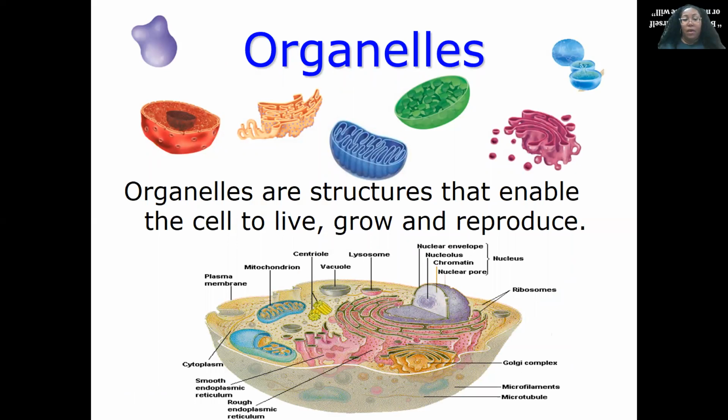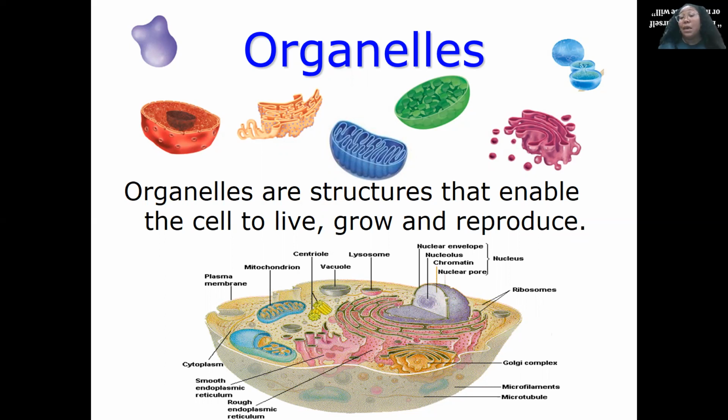So now let's look at organelles. It says that organelles are structures that enable the cell to live, grow, and reproduce. I want you to think about the human body. You are made up of heart, your lungs, your stomach, your liver, all of those different items that make you who you are. In order for you to function, to breathe, to live, those are considered organs.